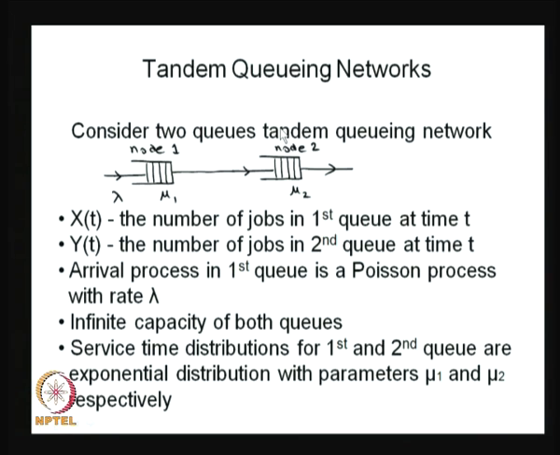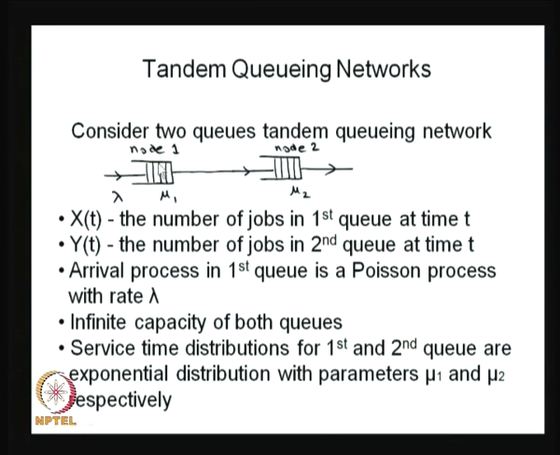Let me start with the very simplest tandem queuing network with two nodes or two queuing systems connected in series. We are going to relate the queuing network with the stochastic process and so on. Therefore, let me start with the random variables X(t) and Y(t). X(t) denotes the number of jobs or customers in node 1 at any time t.